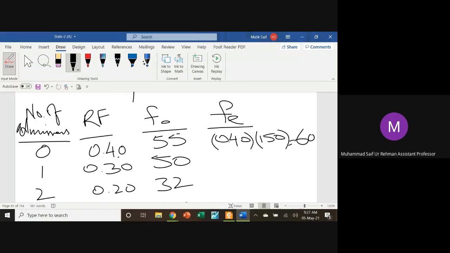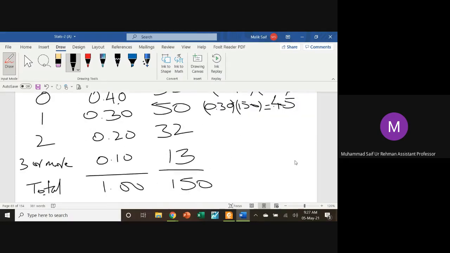Okay, similarly, again, come over here, see 0.30 is there. So 0.30 multiplied by 150. What is the answer? 45. Next, similarly, this 0.20 multiplied by this 150.